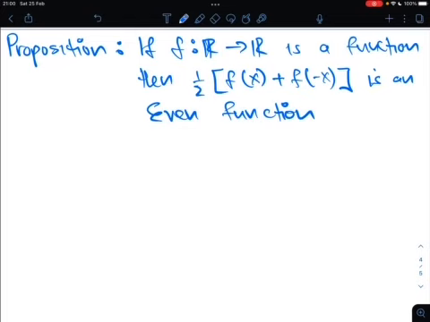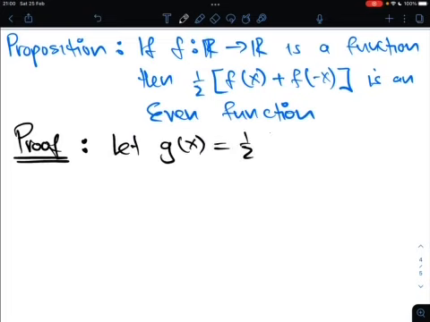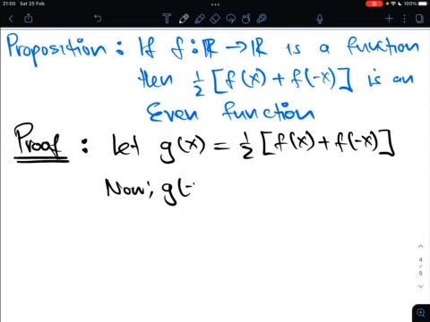And how can we prove that? Because you have to know how to prove that. The proof goes as follows. Let g of x be half of f of x plus f of minus x, and see what is going to happen. Now what is g of minus x? We agree that g of minus x is half of f, where there is x we put minus x, so we get f of minus x plus f of x.